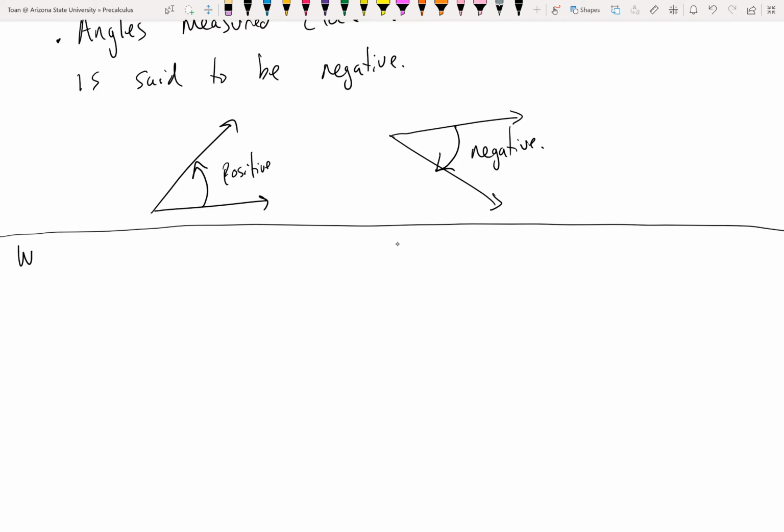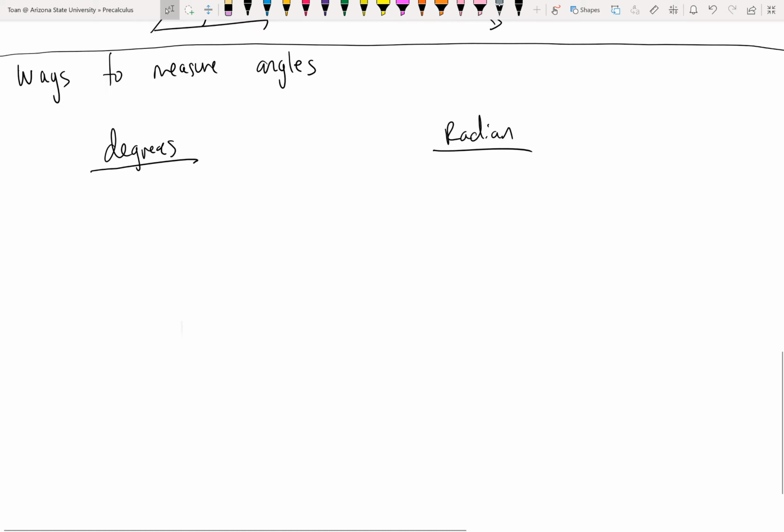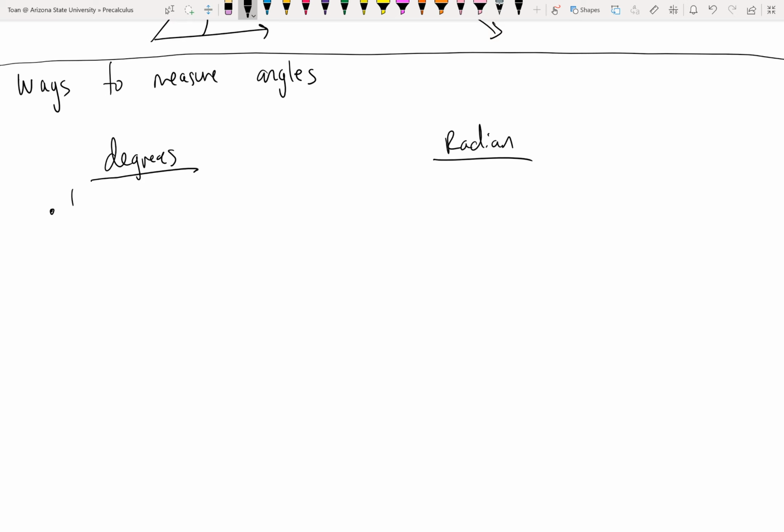So, ways to measure angles. We have two major systems: the degree system and the radian system. Degree by definition is 1/360th of a circle.